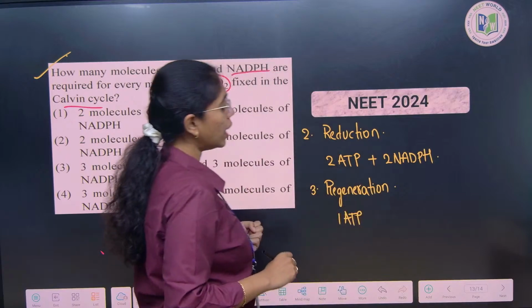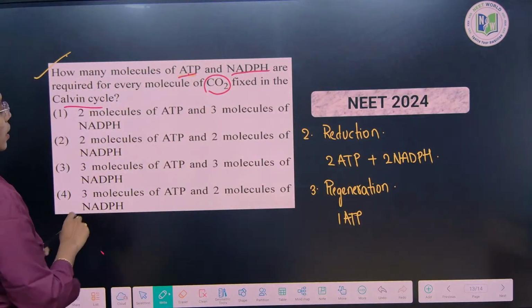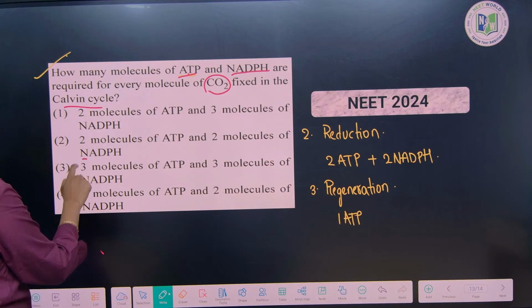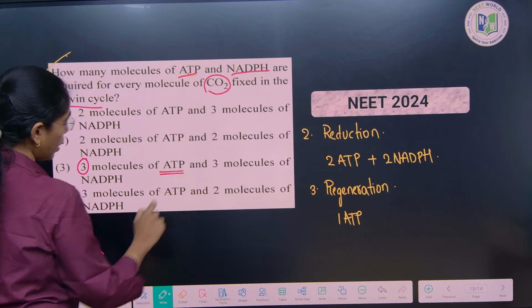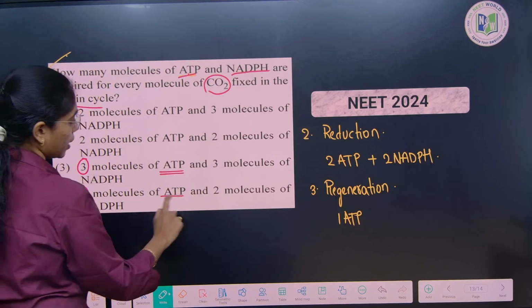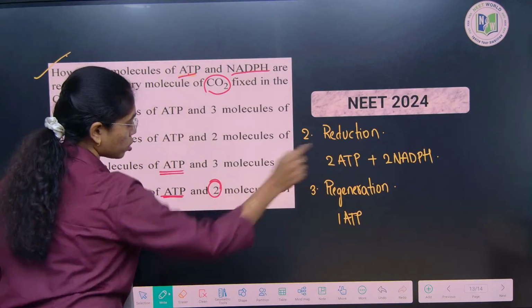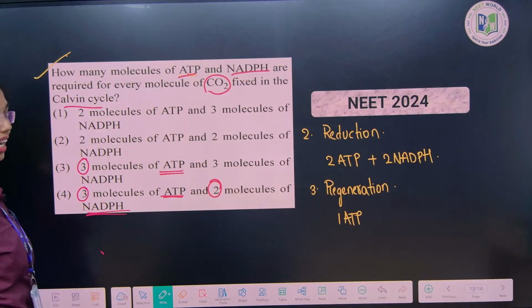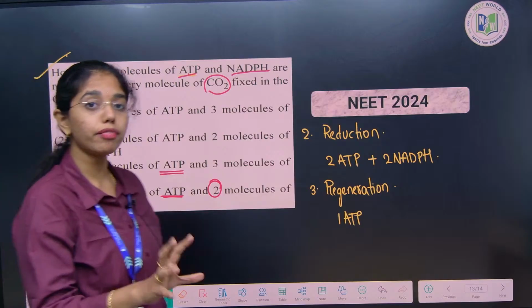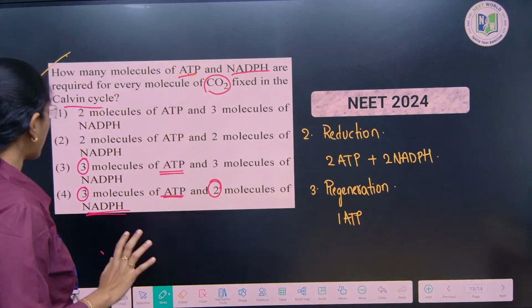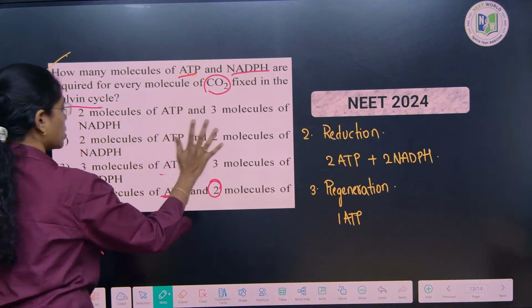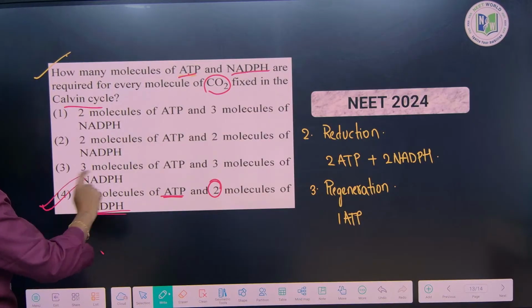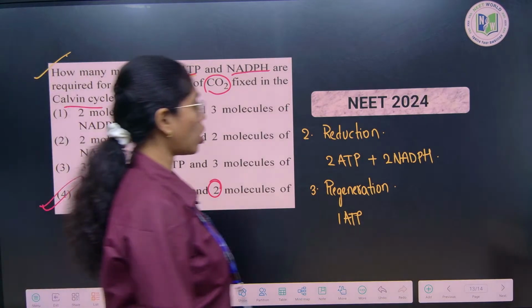So, in total, how many ATP are required? 3 molecules of ATP and 2 molecules of NADPH, because NADPH is required only for the step of reduction. So, what is the right answer here? The right answer here is option 4. Got it? Right answer is option 4.